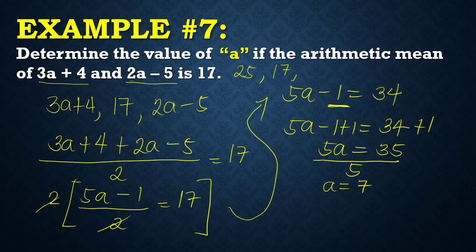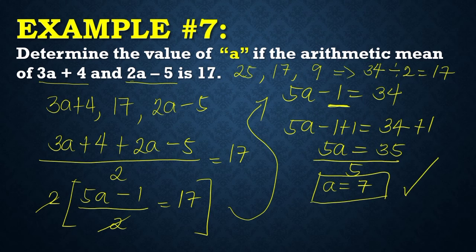Minus 5, that is 9. Now, check natin kung 17 nga ang sagot. 25 plus 9, that is 34. Divided by 2, that is 17. Ibig sabihin, ang value natin na a equals 7 ay tama.